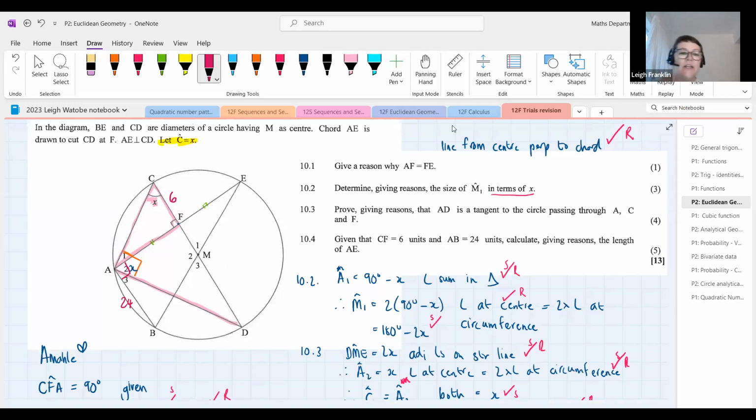Okay, so any ideas where we should start with this? I just want to give you guys an opportunity to think it through as well. They've given us CF as 6. They've given us AB is 24. We've actually got 3 right-angled triangles. They want us to calculate the length of AE.